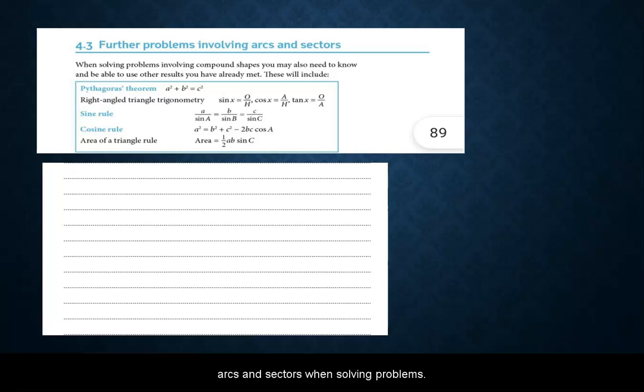When solving problems involving compound shapes, you may also need to know and be able to use other results you have already learned. So this will include Pythagoras theorem, a squared plus b squared equals c squared, for a right angle triangle.